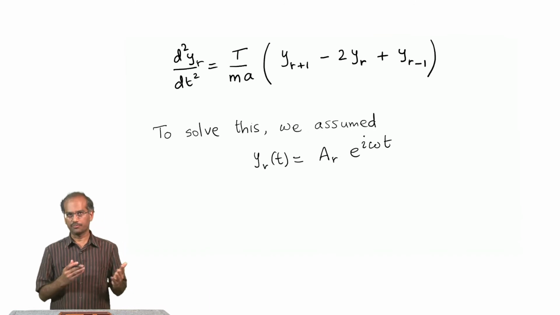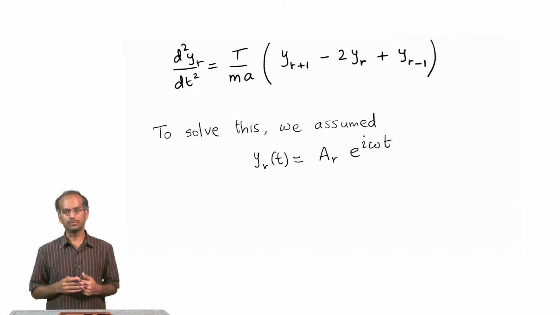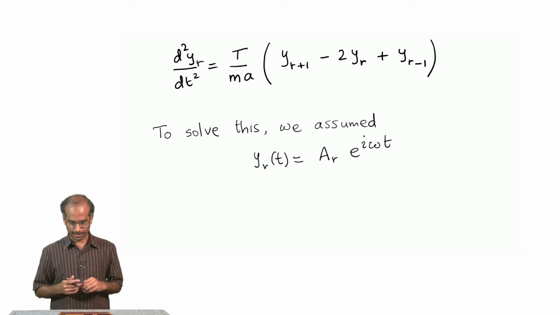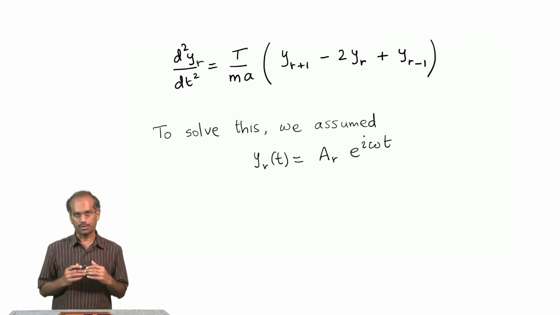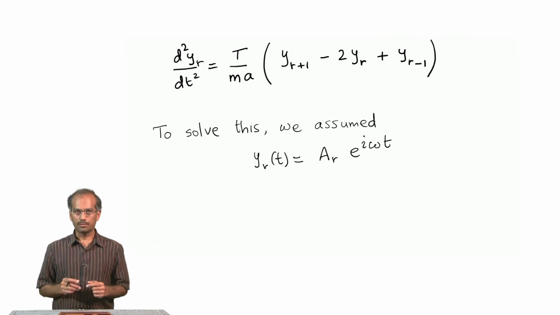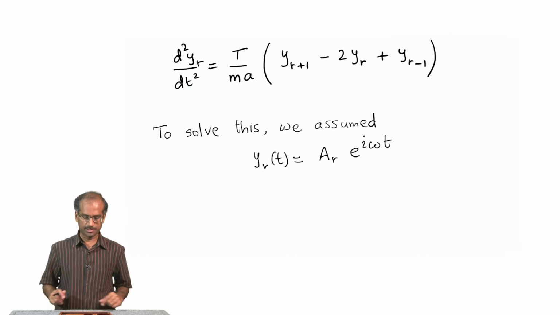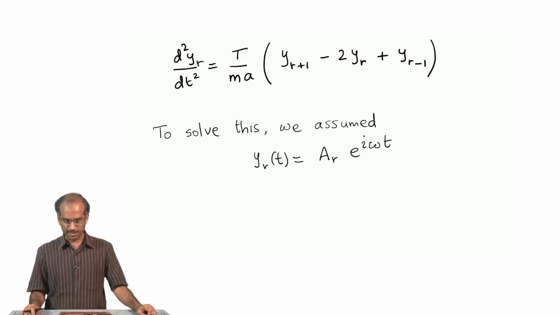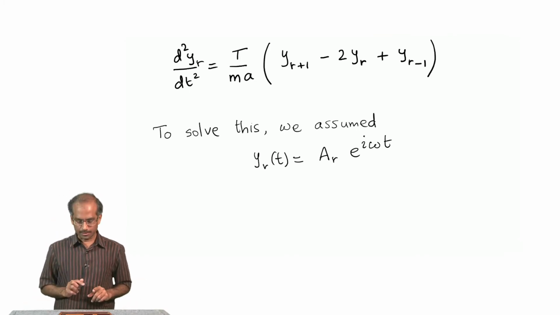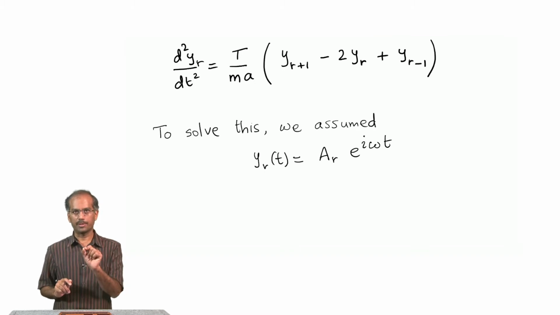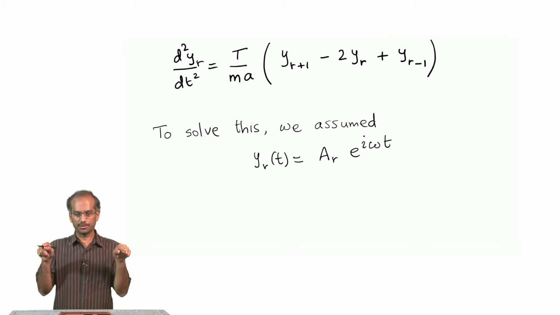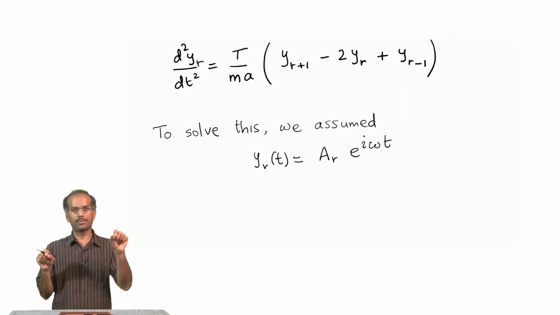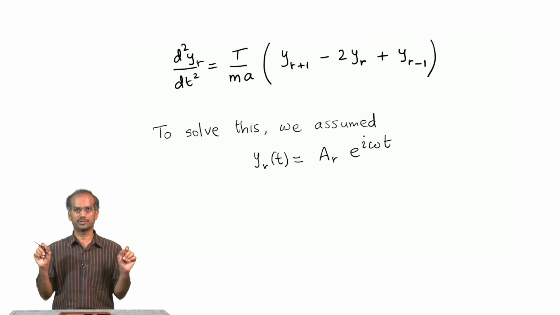This is something that we derived in the last module, so we will not do that yet again. But you will notice that what we have written down is an equation for the displacement of the rth particle. It says d square y r by dt square, but you will notice that this displacement of the rth particle depends on the displacements of its neighbors, the displacement at the r plus 1th position and the r minus 1th position.